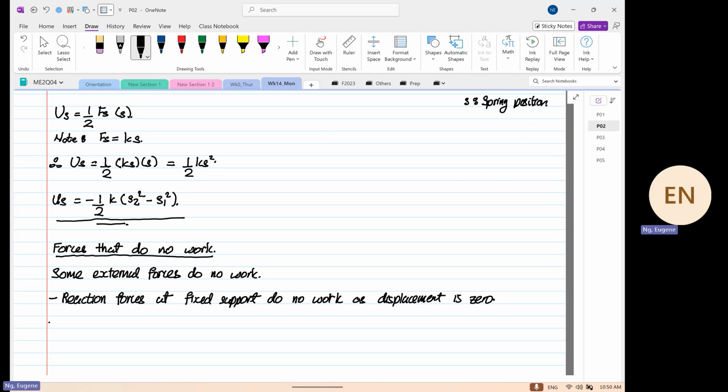Then another one is normal and frictional forces acting on a rolling body without slipping.